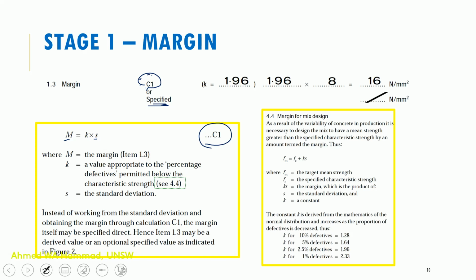So K was given to us in the question as 1.96. That's the parameter that's associated with a 2.5% defective rate. And the standard deviation was 8. So we multiply the 1.96 by the 8. And for the margin, we get 16 newtons per millimeter squared. So it's a pretty straightforward equation that we're using to compute the margin.